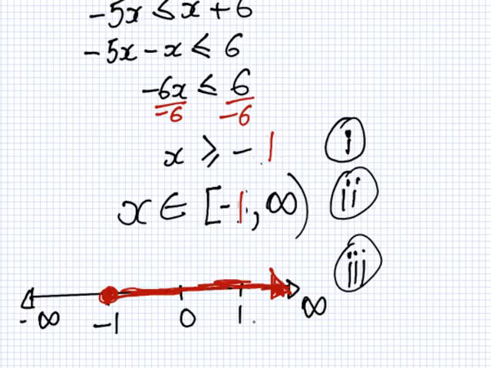Okay. Now, just to be clear before we go on, if this was not equal to, then what do I change here? That would change here. And also here, you make it have a hole in the middle. So this is what it would be.